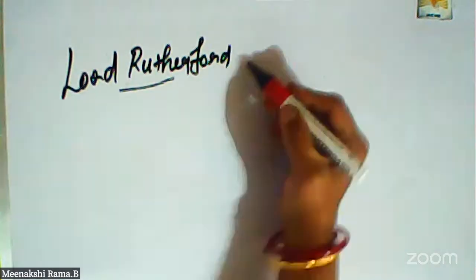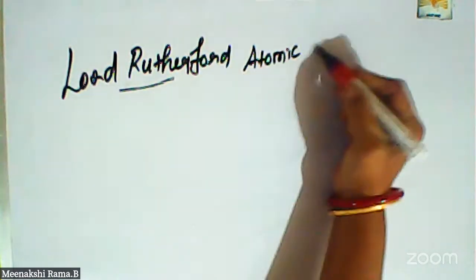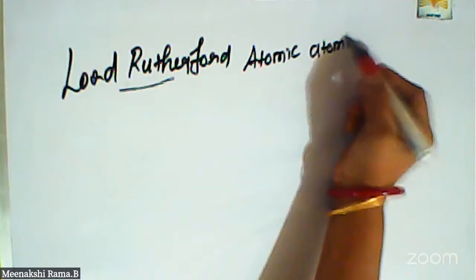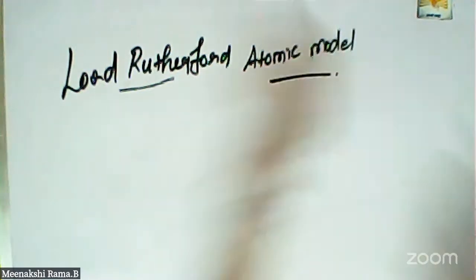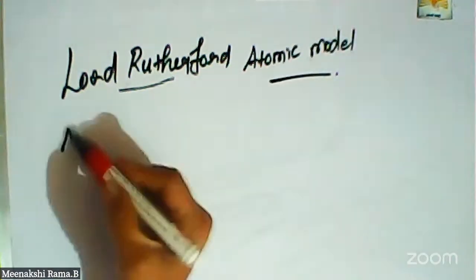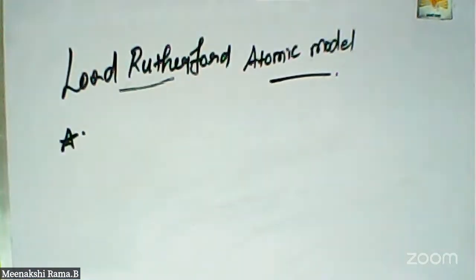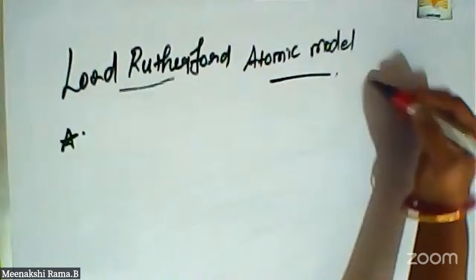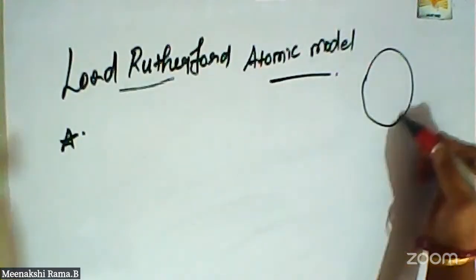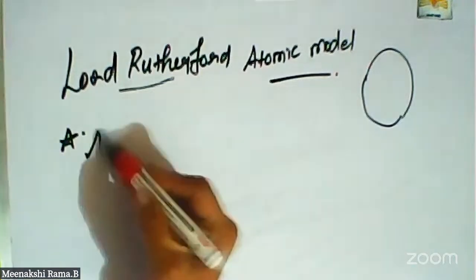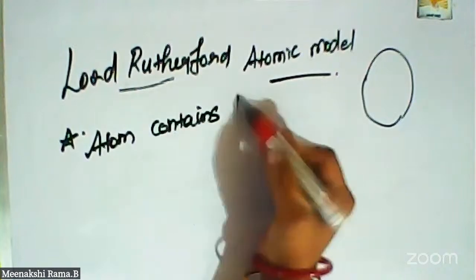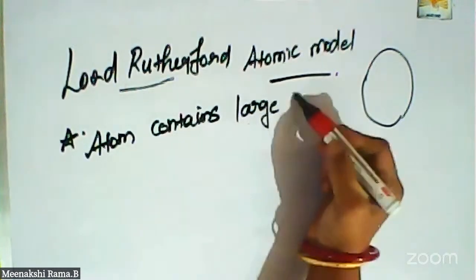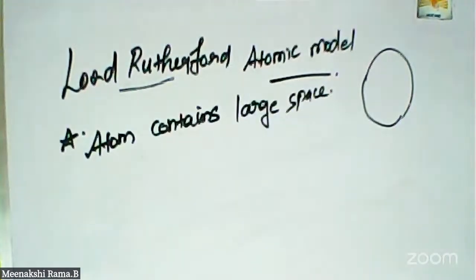So the Rutherford atomic model means, first, the atom contains a large empty space. This is the first point of its atomic structure.